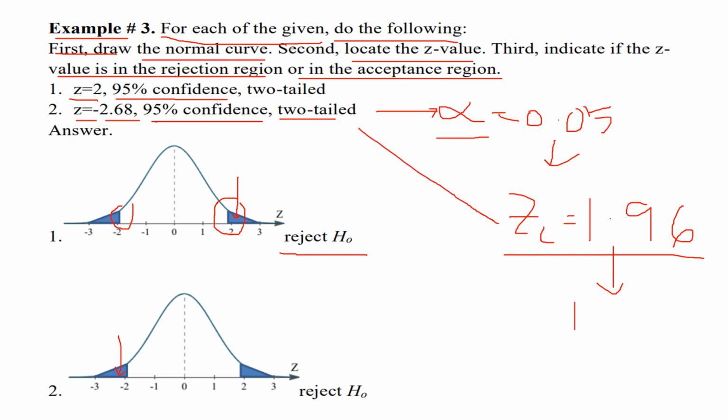It is positive and negative: negative for the left side and positive for the right side of the normal curve. Since negative 2.68 is less than negative 1.96, it will fall on the critical region, meaning you need to reject your null hypothesis.